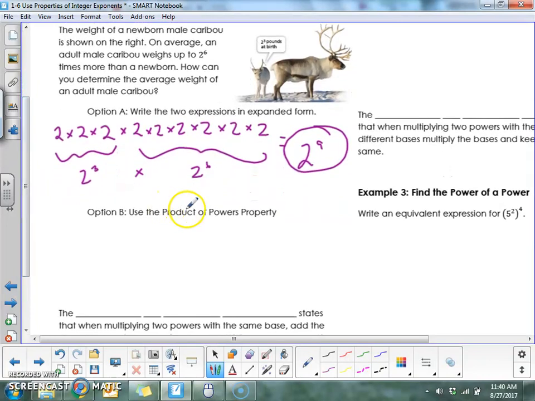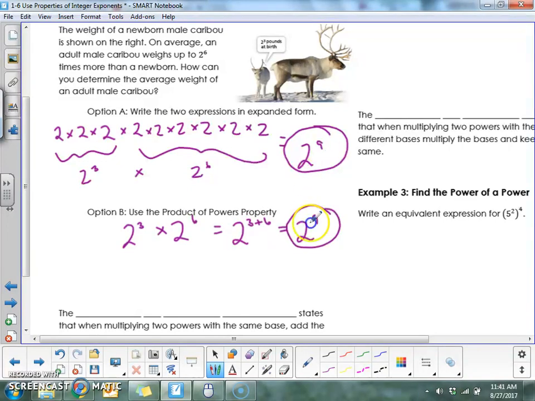The second option is to use what we call the product of powers property, and that's when you're multiplying 2 powers with the same base. When you're multiplying 2 powers that have the same base, they have a base of 2, you add their exponents. So I'm going to take 3 and add that to 6 to get 2 to the 9th power.